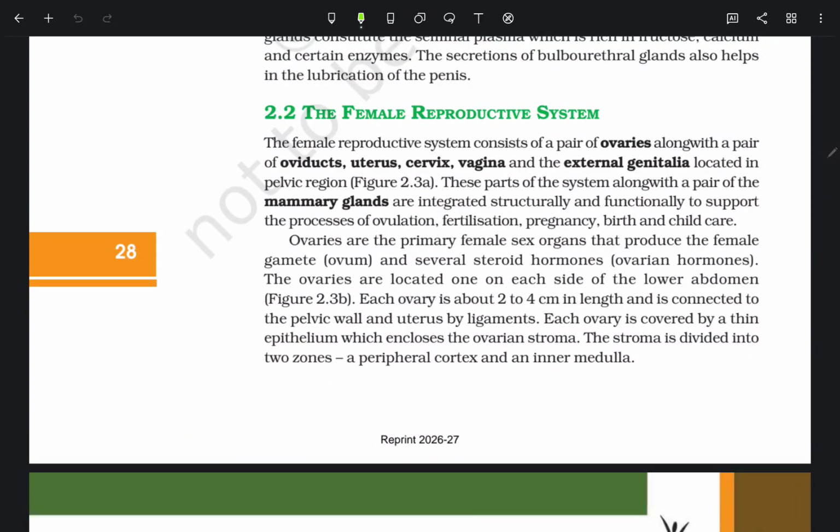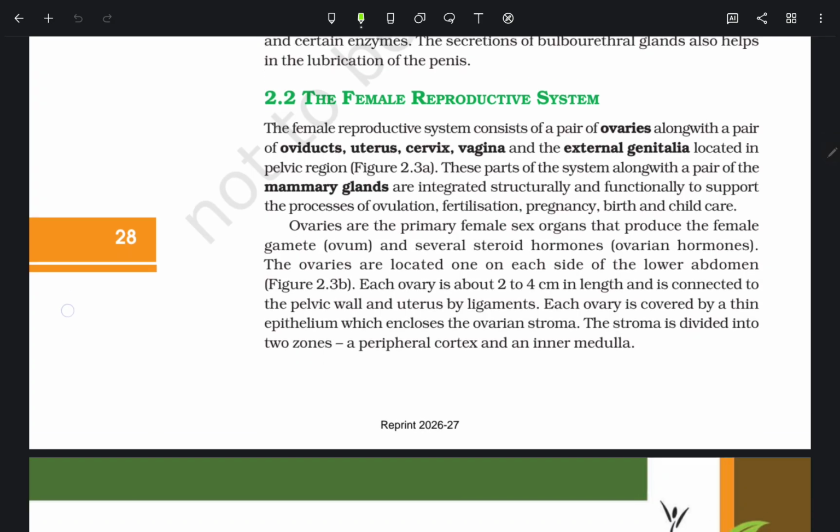The female reproductive system. The female reproductive system consists of a pair of ovaries along with a pair of oviducts, uterus, cervix, vagina, and the external genitalia located in the pelvic region. These parts of the system, along with a pair of the mammary glands, are integrated structurally and functionally to support the processes of ovulation, fertilization, pregnancy, birth, and childcare.